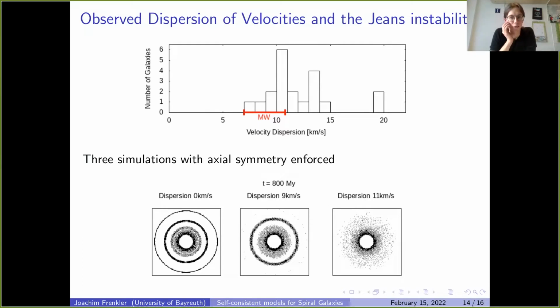But that I have not done yet. But I think this is a strong argument that suggests that the model that I have constructed might indeed be a good image of the real galaxy.